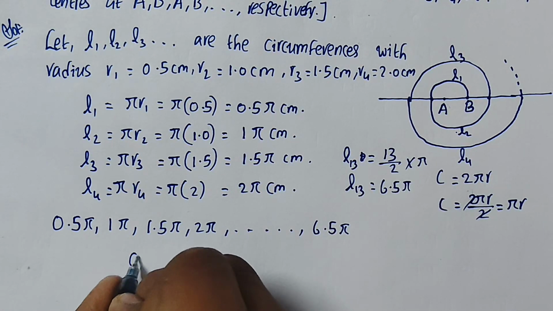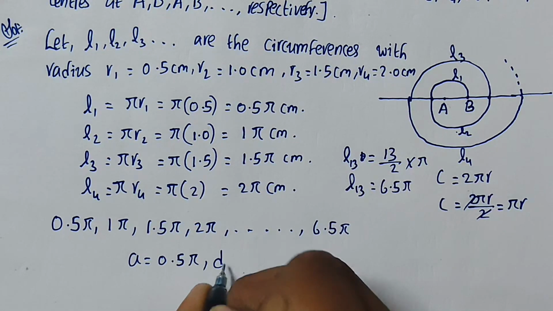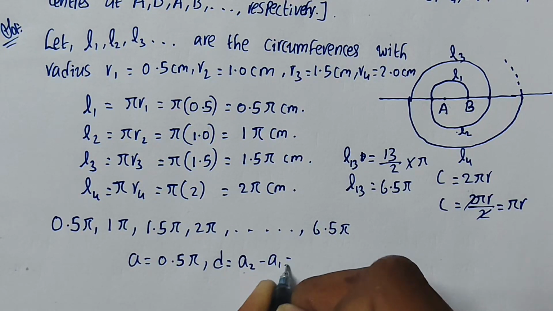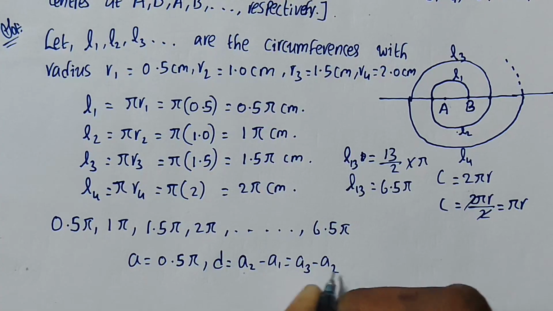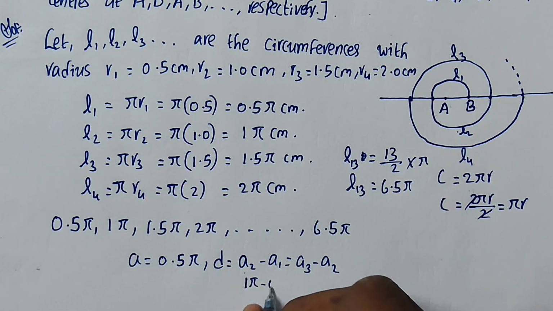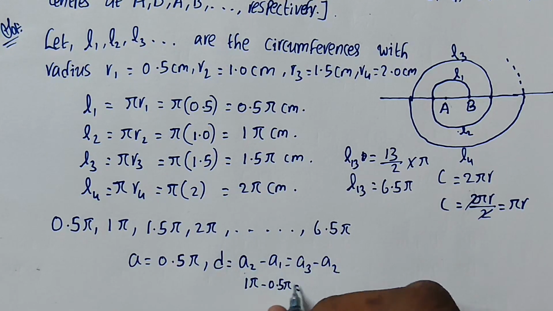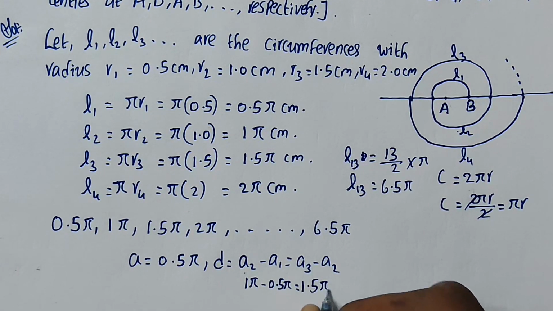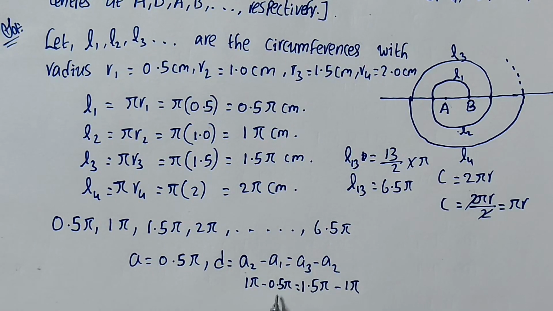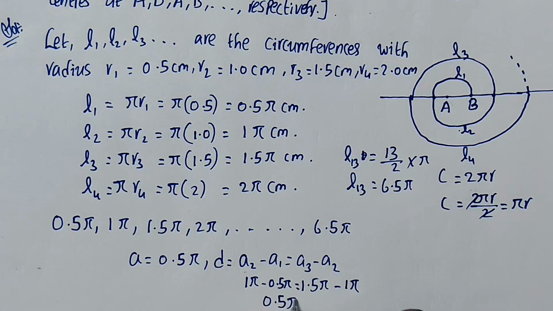Let us take the value of A is equals to 0.5 pi. Then I am taking the value of D, means A2 minus A1 to be equals to A3 minus A2. The value of A2 is 1 pi minus the value of A1 is 0.5 pi, to be equals to the value of A3 is 1.5 pi minus the value of A2 is 1 pi. 1 pi minus 0.5 pi, we get 0.5 pi.